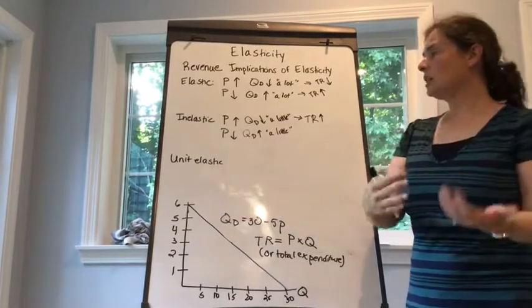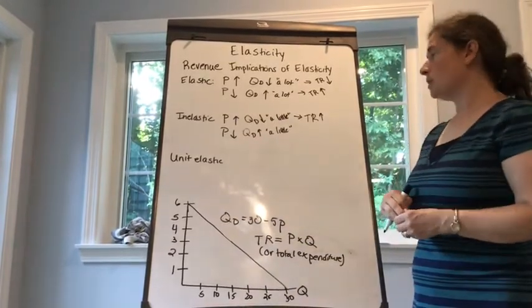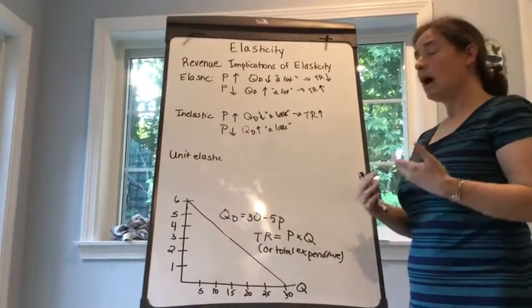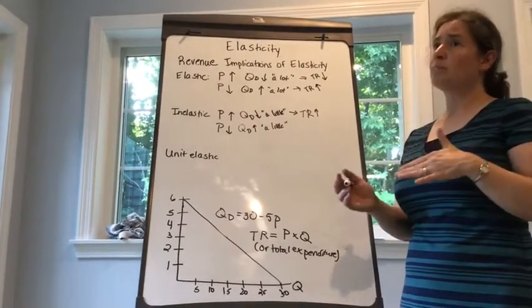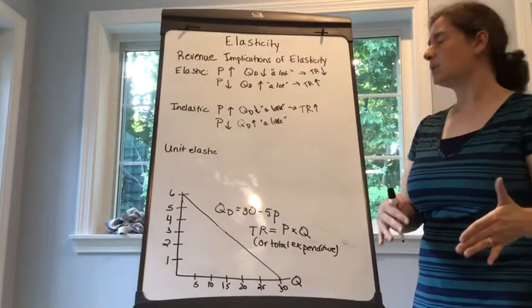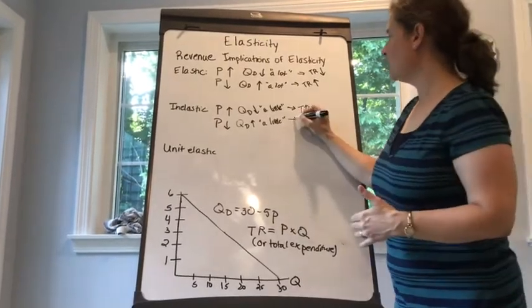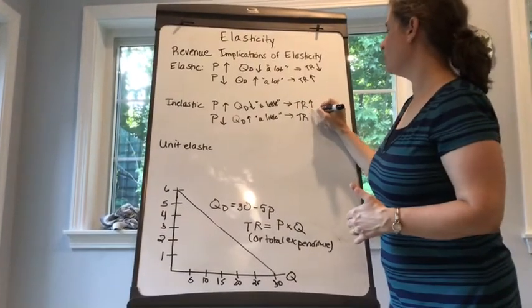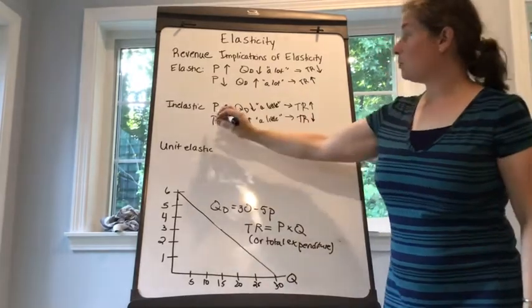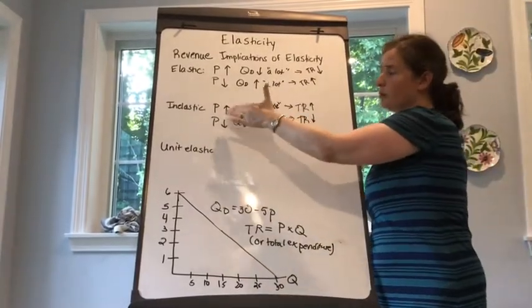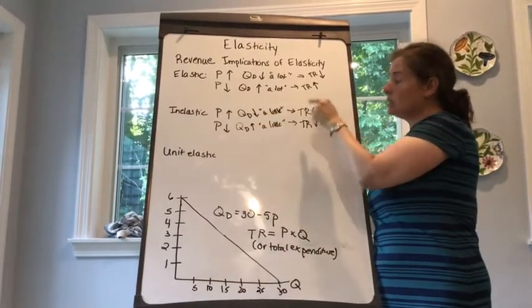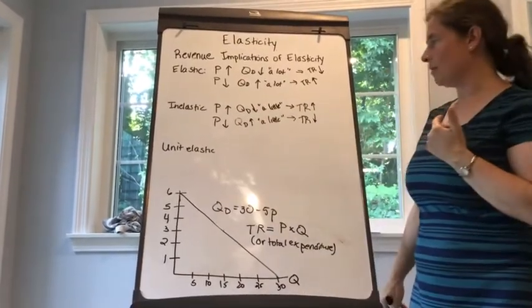Likewise, if I decrease price on a good for which demand is relatively inelastic, I'll sell more, but not very much more. So I'm selling a few more units, but I've taken a relatively large price cut on everything I do sell. That's going to decrease the total revenue. So what we see with inelastic demand is that the direction of the price change is the same as the direction of the total revenue.